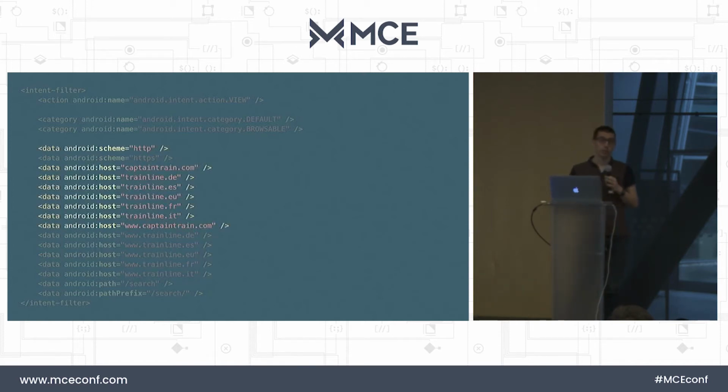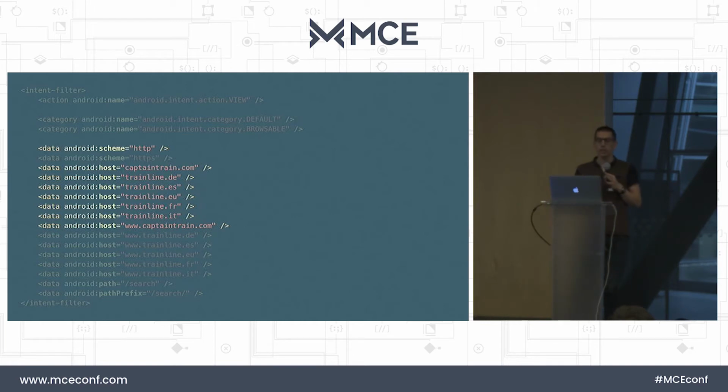But we also handle some other links. For instance, you can type in the address bar http://trainline.eu without the www. Because we want to catch that directly in the app without having to round trip between the server and the application, we can directly catch that in the Android manifest.